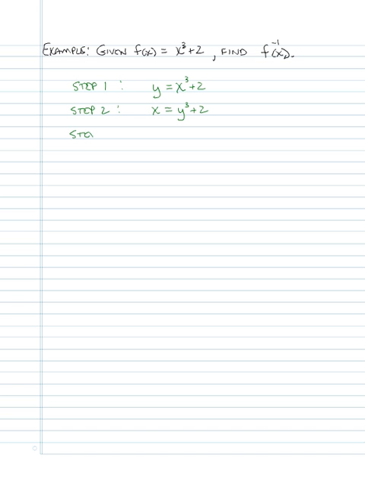After we do that, we solve for y. That becomes the difficult part sometimes, solving for y. Well, in this case, we need to subtract 2 on both sides. And so we have x minus 2 equal to y cubed. So y itself would be the cube root of x minus 2.